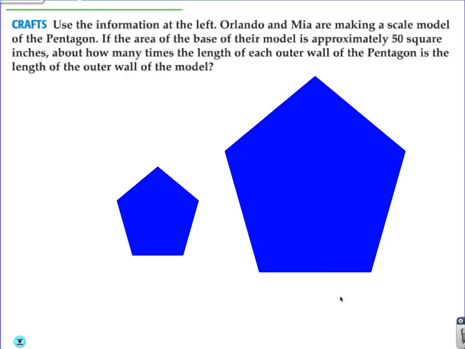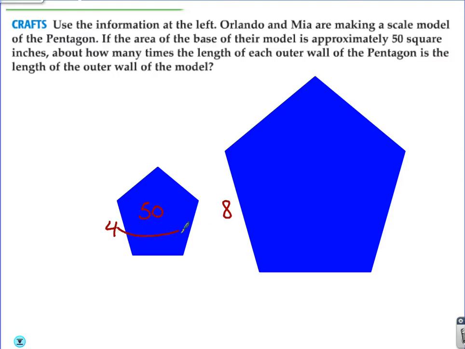We know that if the area of the base of the model is about 50, then this other is going to be similar to it. Let's say the side length here, and I'm making this up, is 4, and the side length here is 8. It's twice as big. I'm just making this problem up, but let's go with it. How much bigger is the side length of the bigger pentagon? What's our scale factor there?